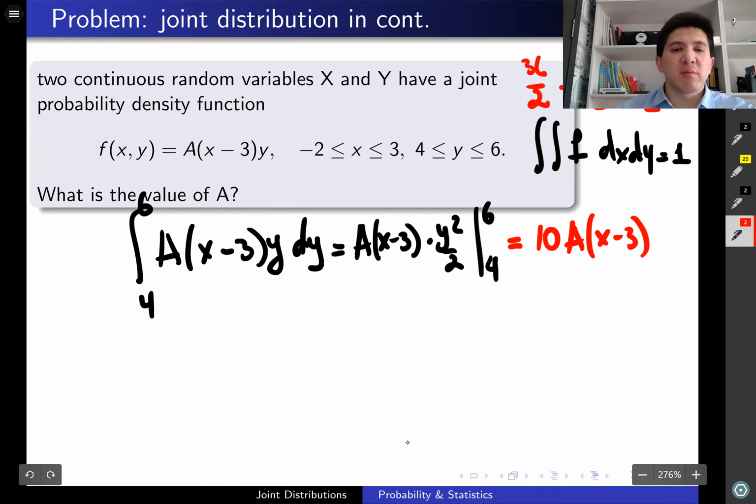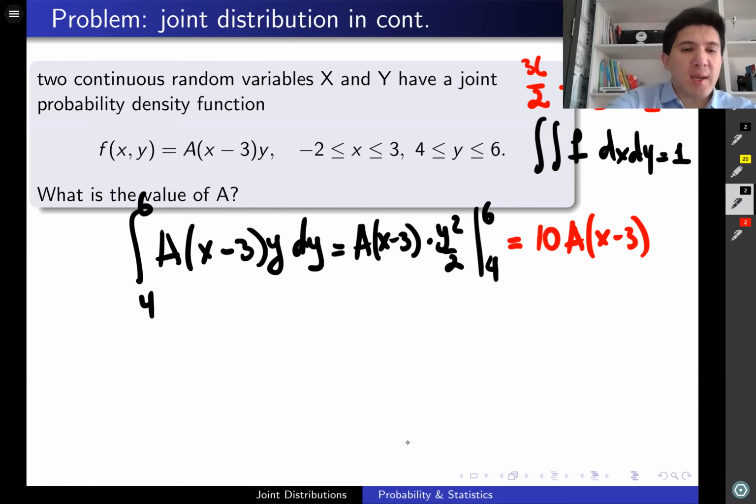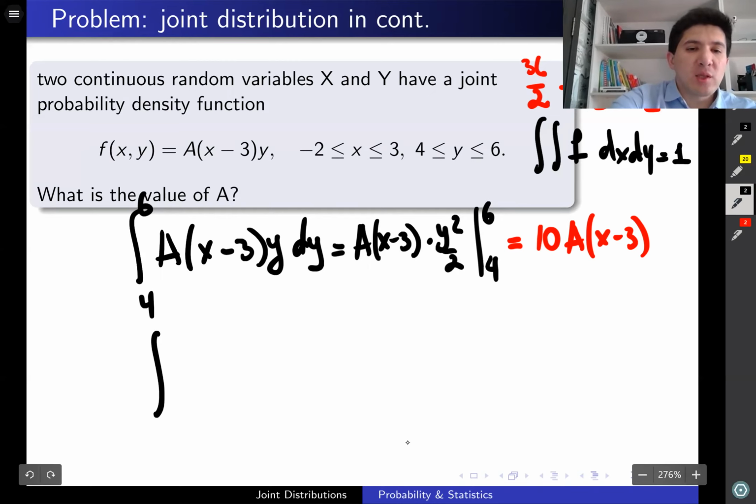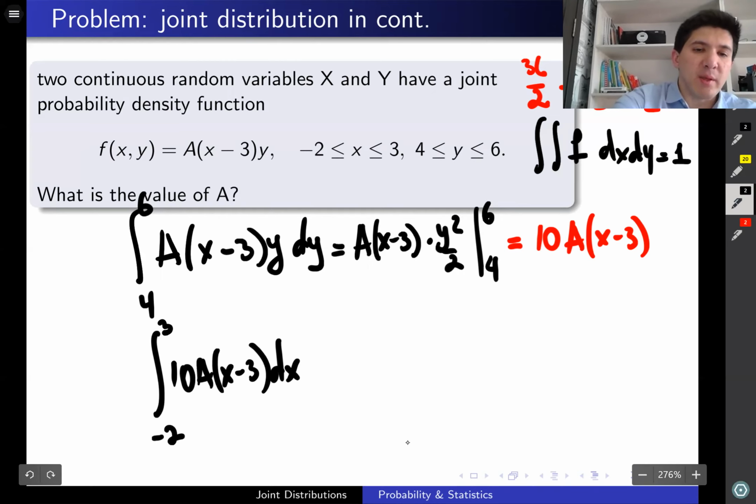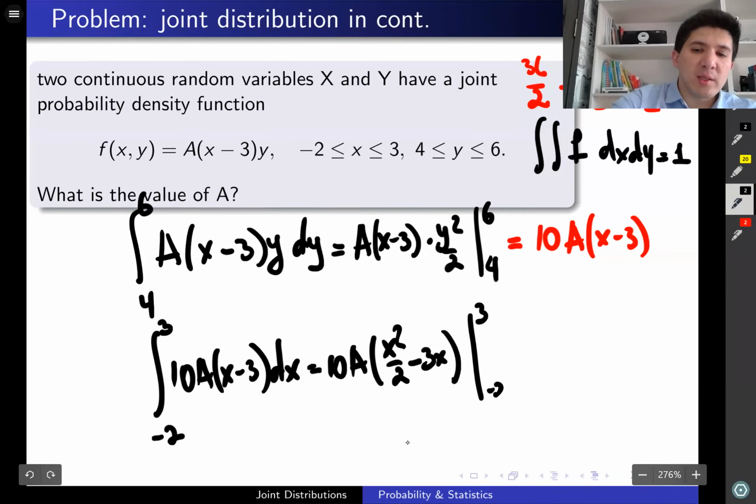After we've got the integration over y, now we need to do the integration over x. It's going to be the integral of 10a (x minus 3) dx from minus 2 until 3. It's going to be 10a times (x squared over 2 minus 3x). We need to substitute 3 and minus 2.